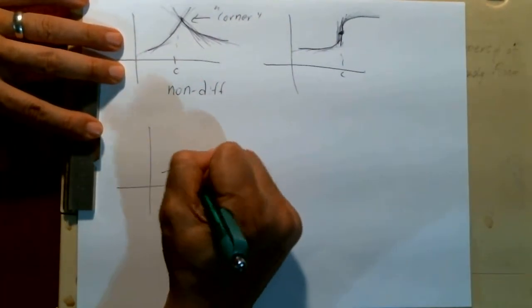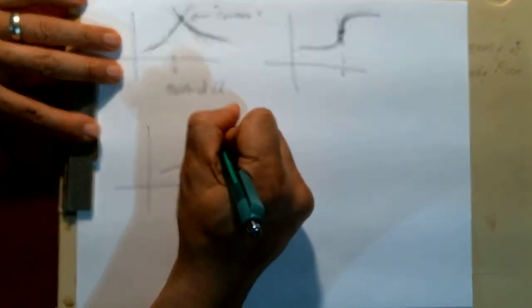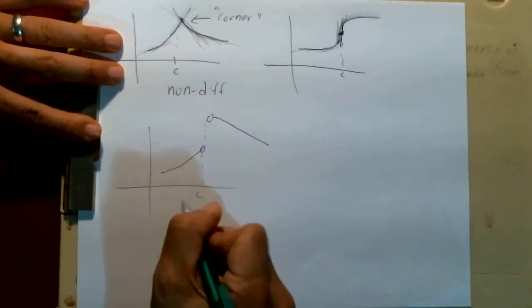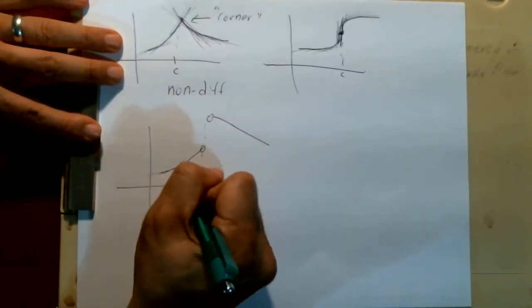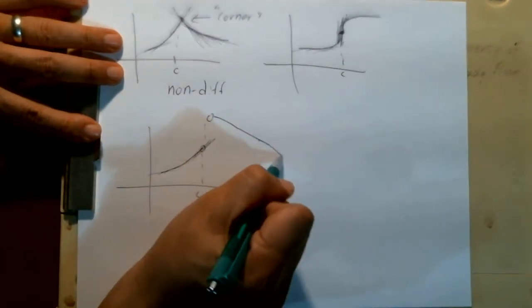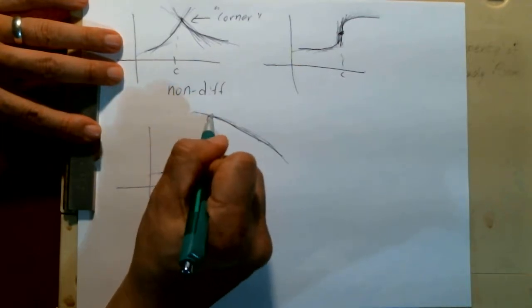The third type of non-differentiability is what's called a jump discontinuity. Let's get point C from the left. That's your slope right here. It's going to be more positive. As you go from the right, you notice that the slope is going more negative.